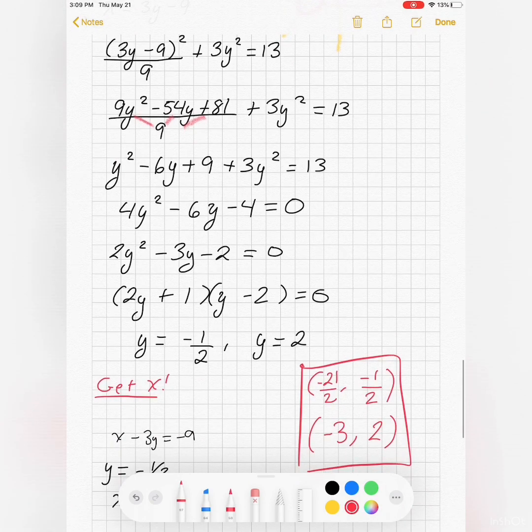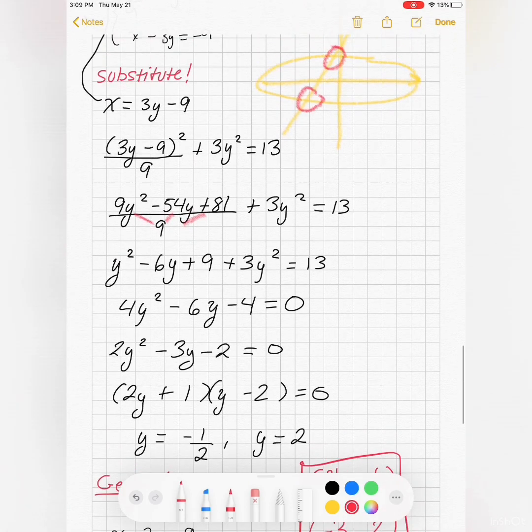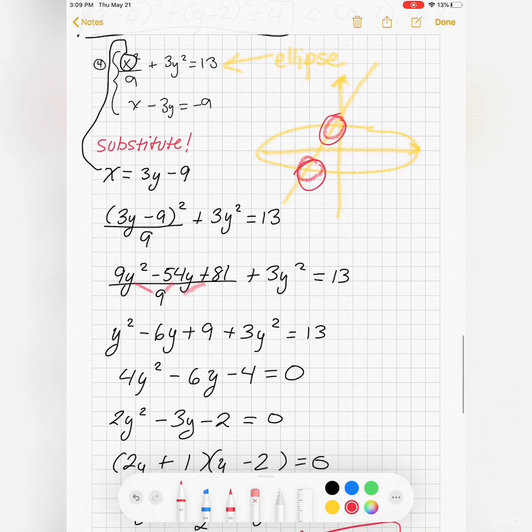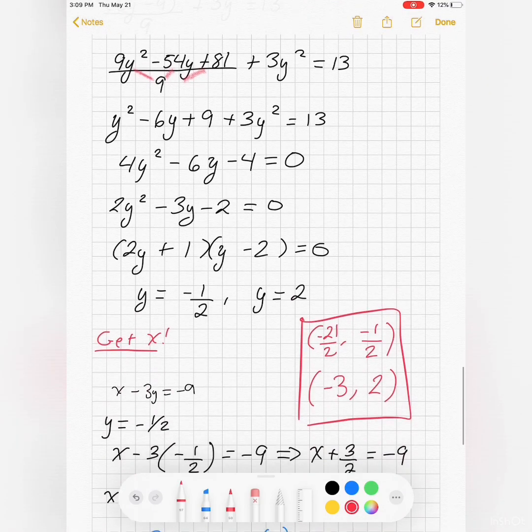Okay, let me see. If I got my signs right, I've got negative and negative, that'd be this one. Negative and positive, that'd be this one. So it looks like it to me, like I said, I didn't do a fancy graph, but it looks like I have the solutions at least in the correct quadrants.